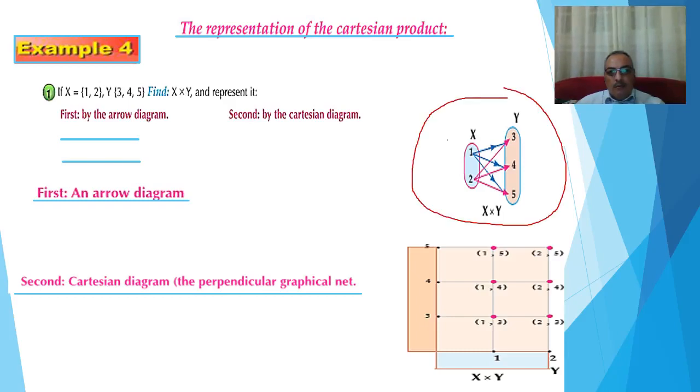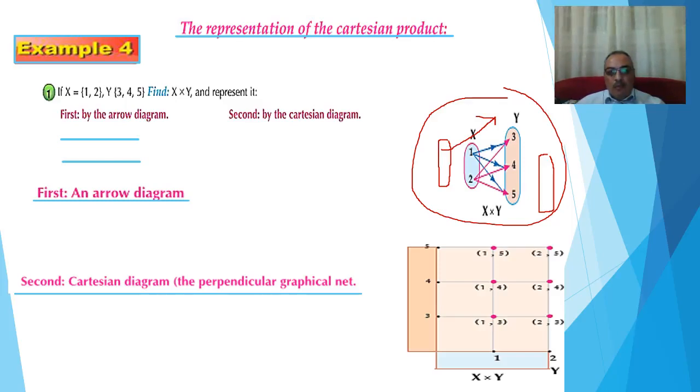Here, the first column is X and the second column the elements of Y, joining X to Y with arrows: 1 with 3, 1 with 4, 1 with 5, 2, 3, 2, 4, 2, 5.